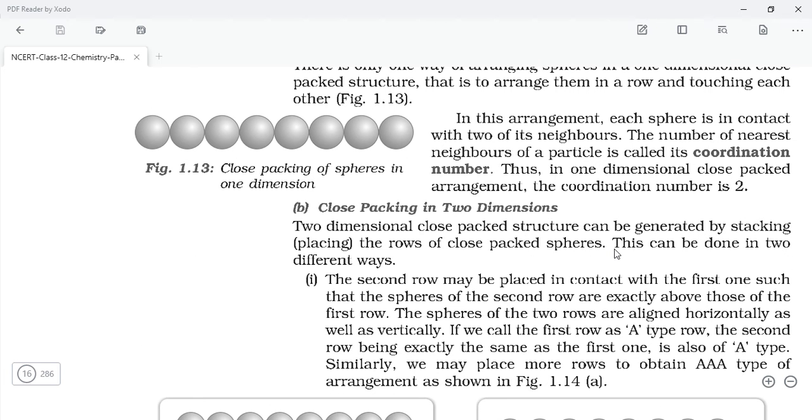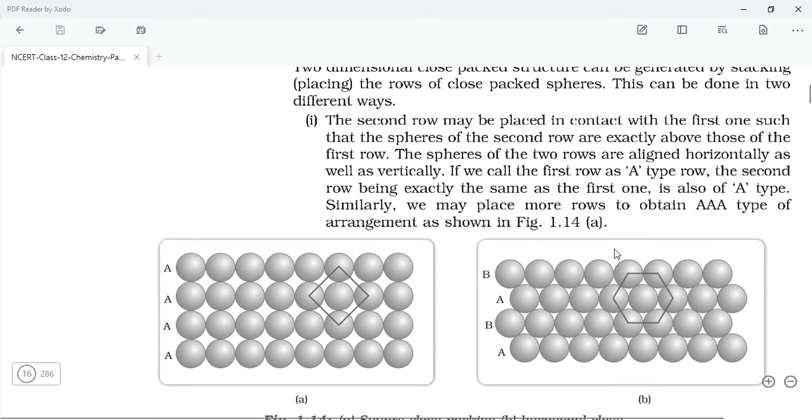Similarly, you can imagine how it would be in two dimensions, in 2D, but with a little difference.